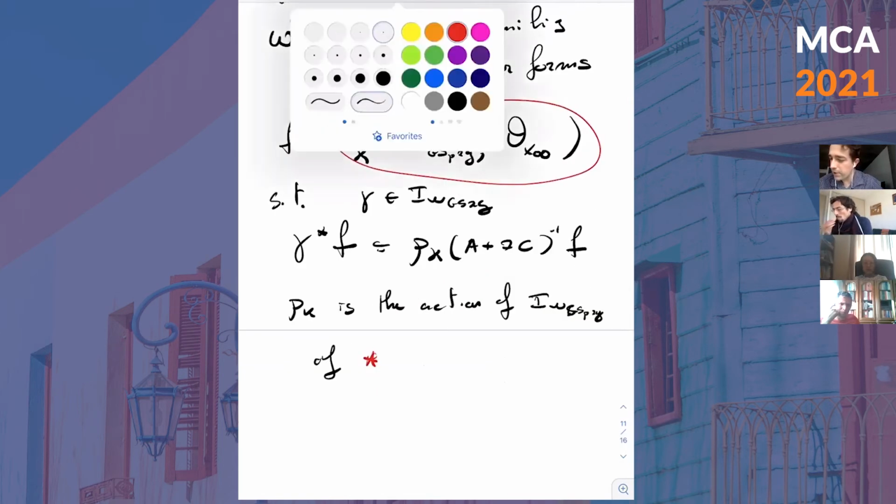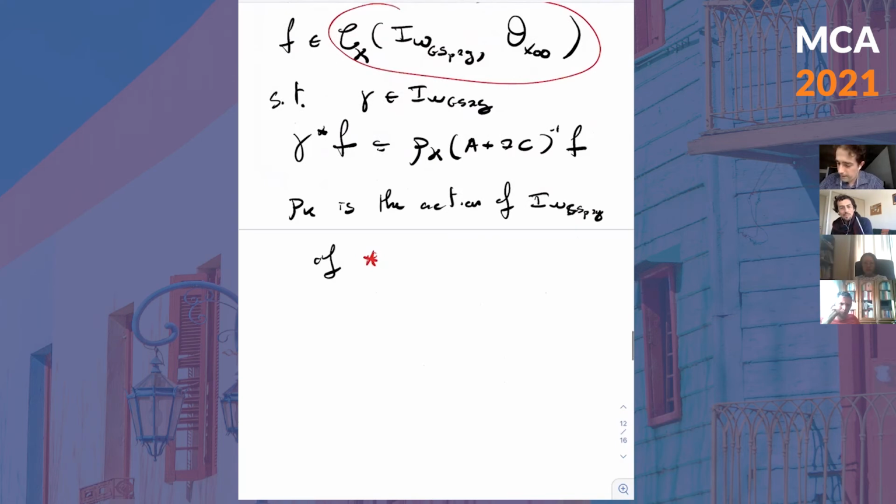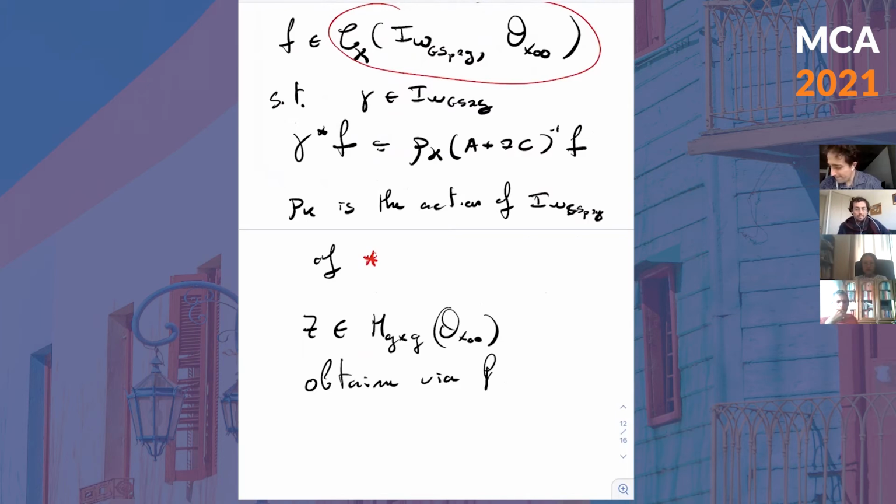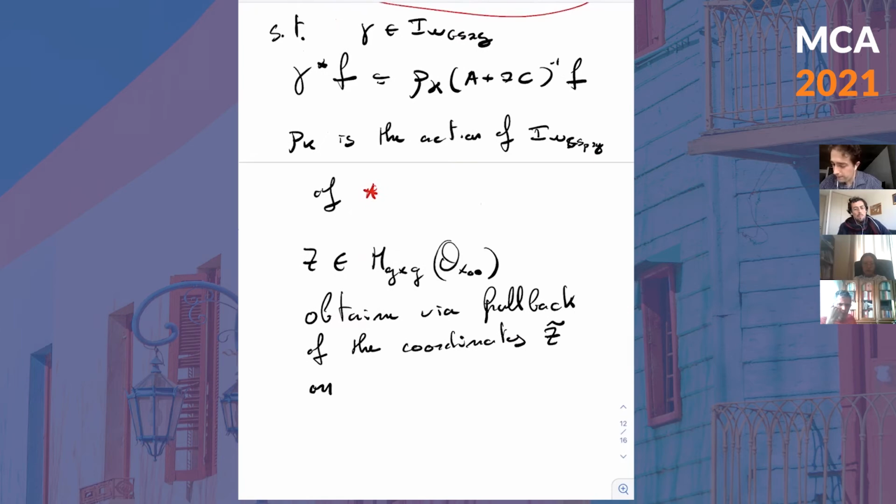Z is a special matrix that belongs to M_{g×g} of O_{X∞}, obtained via pullback of the coordinate Z, let's call it Z tilde, on the flag variety.